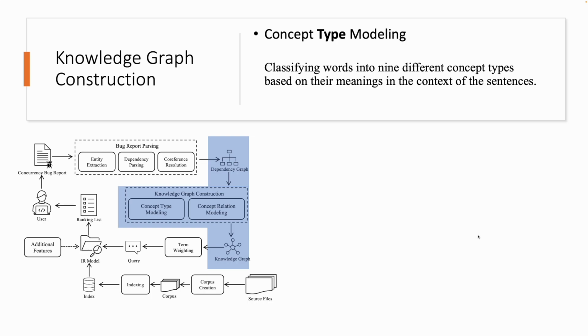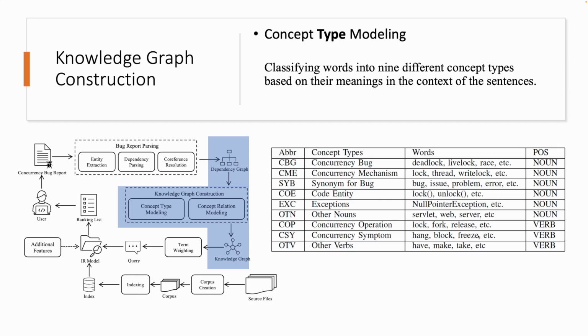After the bug report parsing, we will build the knowledge graph upon the dependency graph. For a domain-specific knowledge graph, one of the key steps is to identify concept types and the relationships between each concept. The concepts typically represent entities or objects in the domain we are modeling. In our work, we define 9 different concept types based on their meanings.